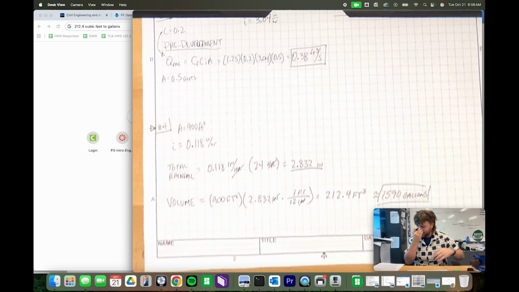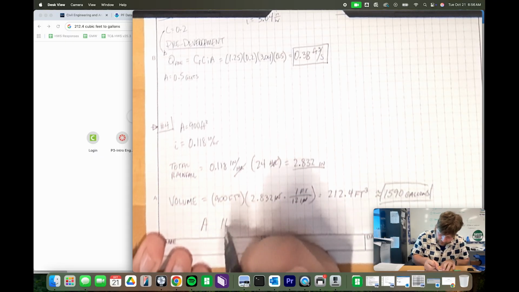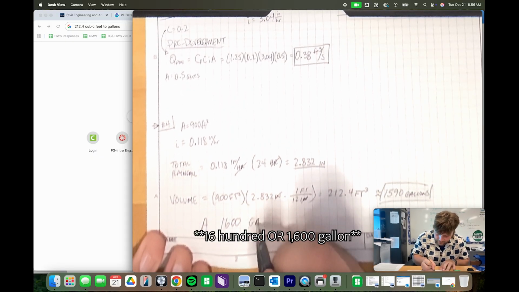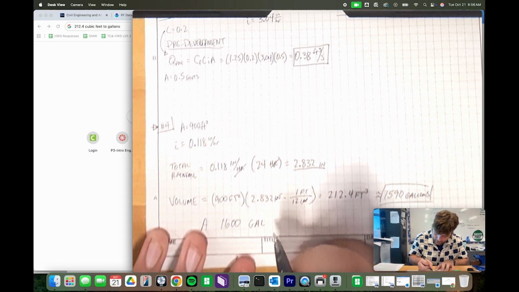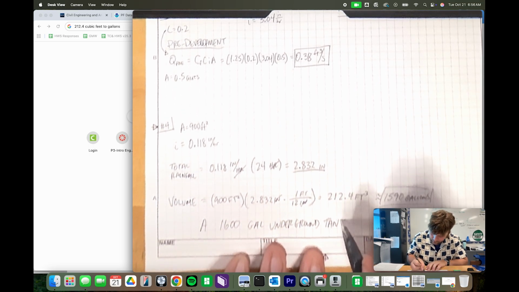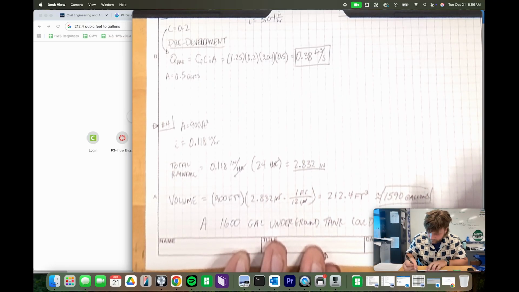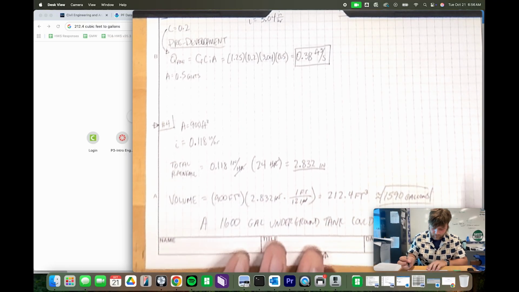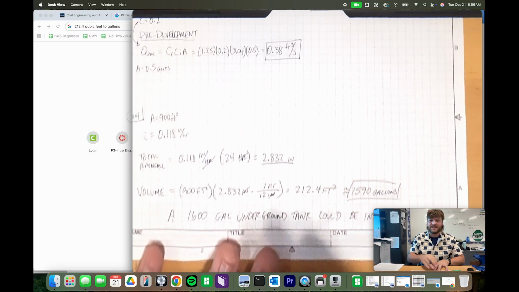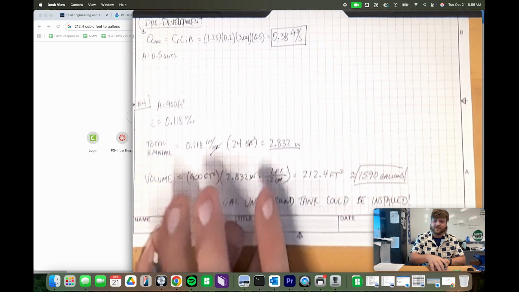The designation we want to make is that a 1,600 gallon underground tank could be installed for this. As long as we have the 1,600 gallon underground tank, we're going to be good given these particular criteria.